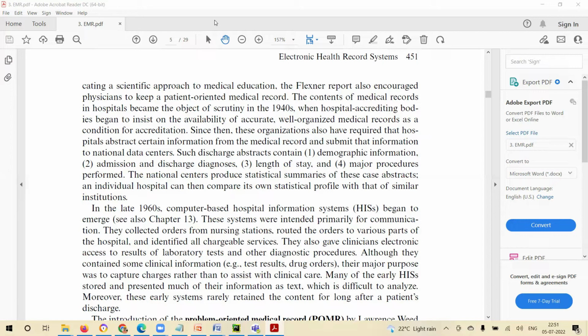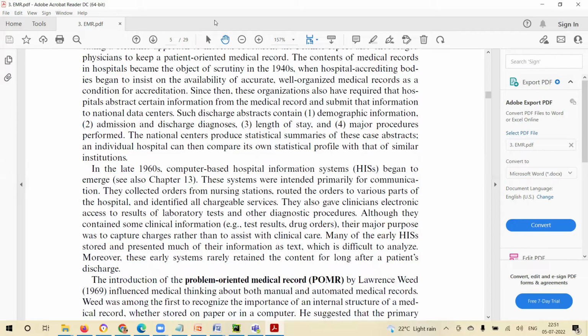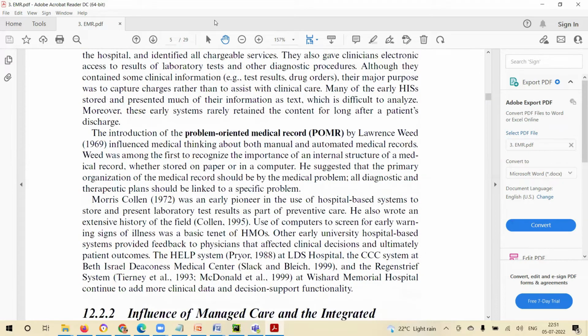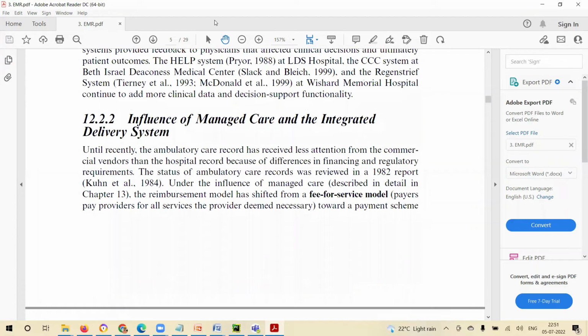HIS is the first set of software that were developed, and every hospital kind of has it. EHR came much later. And see, the information in HIS will not go out, because HIS is to manage your hospital, and you will manage your hospital only, right? But EHR, since it's a patient record, can be transmitted, can be transferred from one place to another.